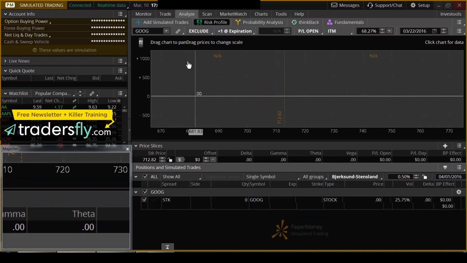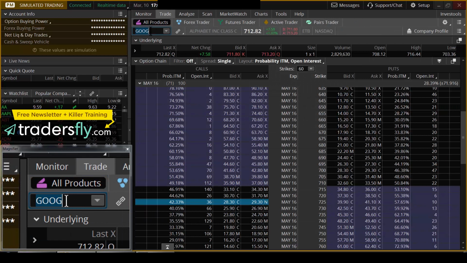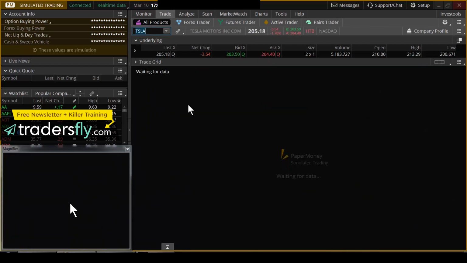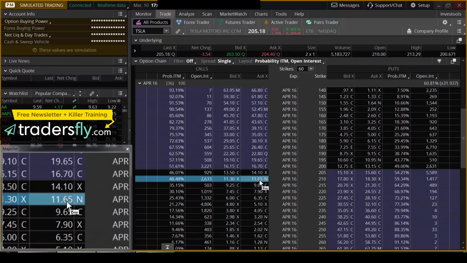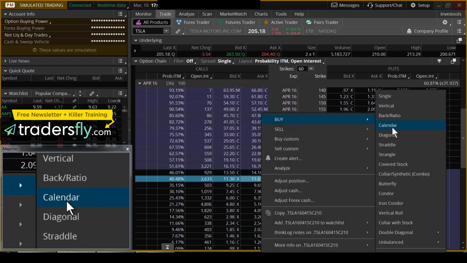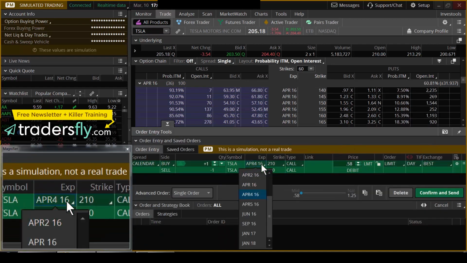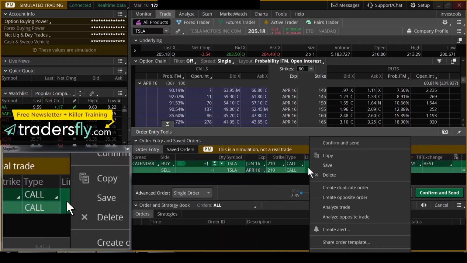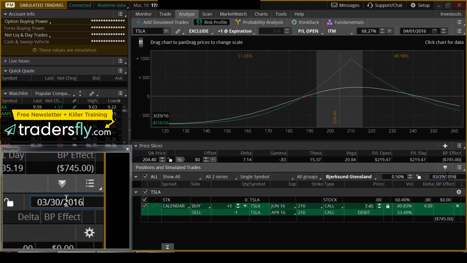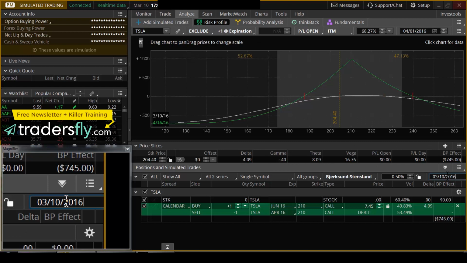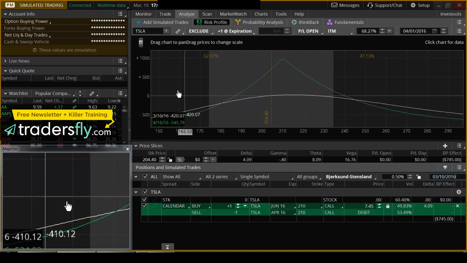And a simple way to put on these trades, at least from the Thinkorswim platform, is for any trade really that you do, let's just take Tesla, for example, to do a different one, you simply go ahead and buy that calendar. When you buy the calendar and change your strike price, you analyze that trade. If we go to more of today's date, you wouldn't be starting out with a profit. The market doesn't give you anything.